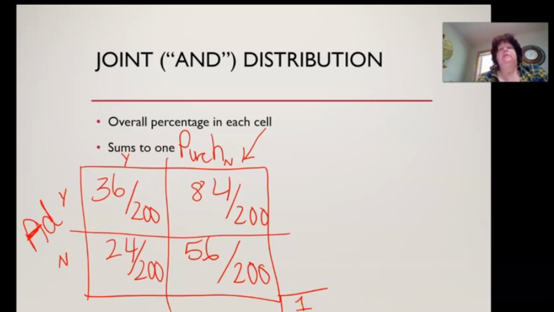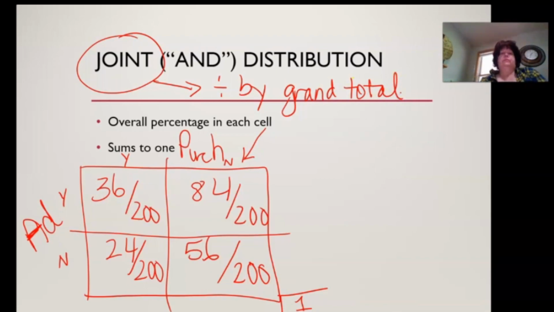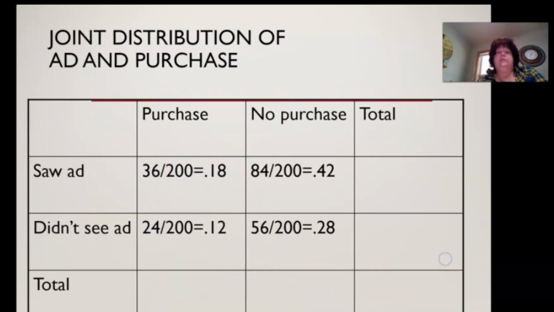So that's the main idea: when you see a joint distribution, you divide by the grand total in each cell. And when we do that, this is what we get, looking a little nicer.